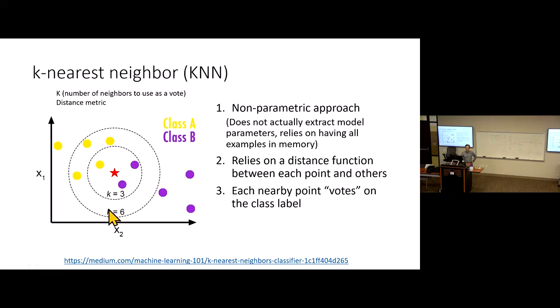If you decide to look at a neighborhood with k equals 6, then you look at the nearest neighbors 1, 2, 3, 4, 5, 6 of this particular given data. In this case, you have 4 members belonging to the yellow class and 2 belonging to the purple class. Then you assign this new data point to the yellow group.